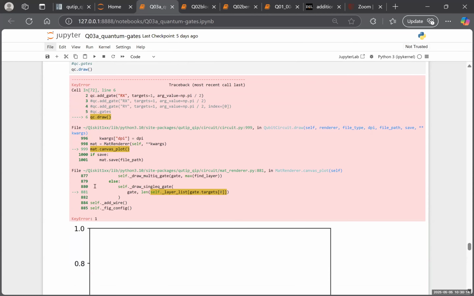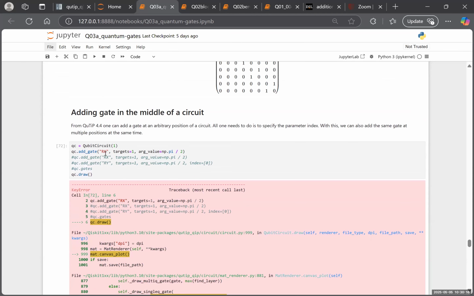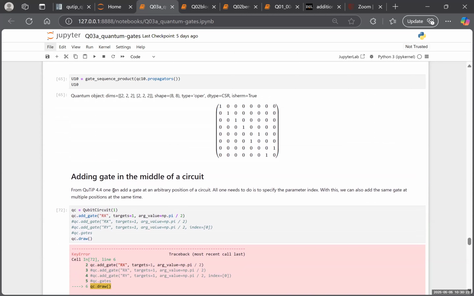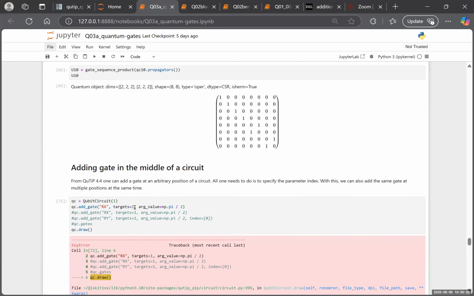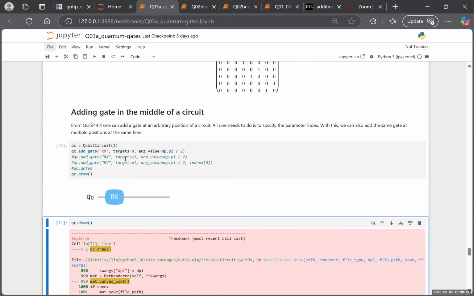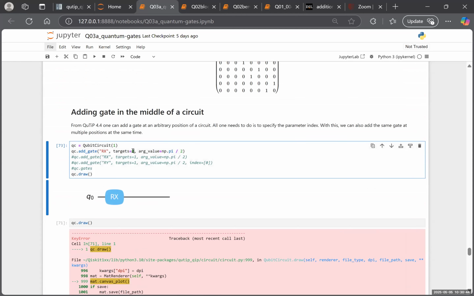And yeah, something. Target one. I thought Python counts from zero. Yeah, weird, that's very weird. They write target equal to one. Okay, let me just follow the example and see what they have.